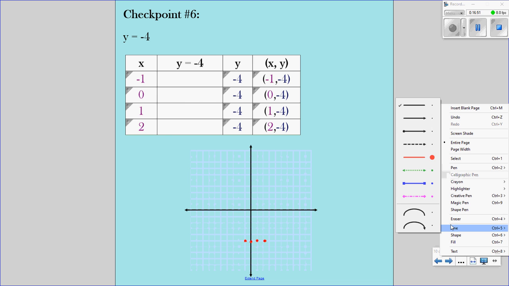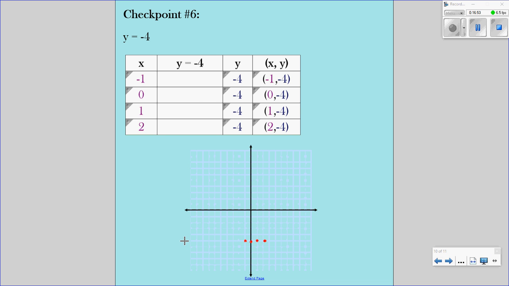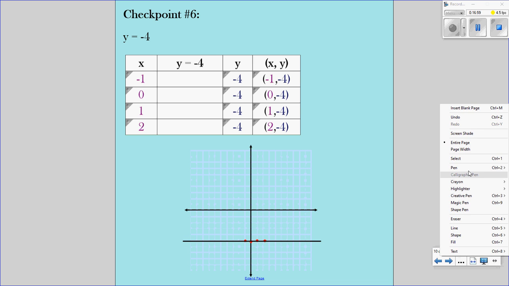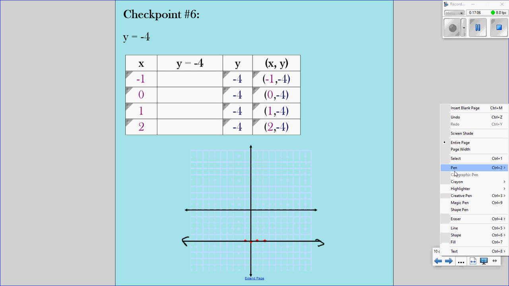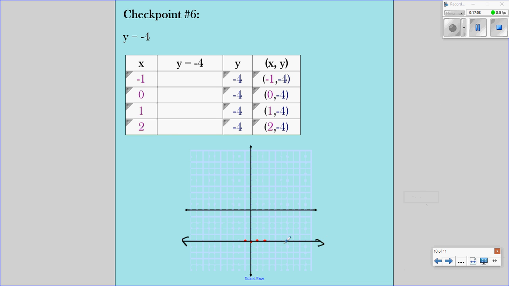You know it's going to be a horizontal line. Again, draw your arrow, and then label your line. So that'll be y equals negative 4. So remember, y equals whatever number is going to be horizontal, and x equals whatever number is going to be vertical.